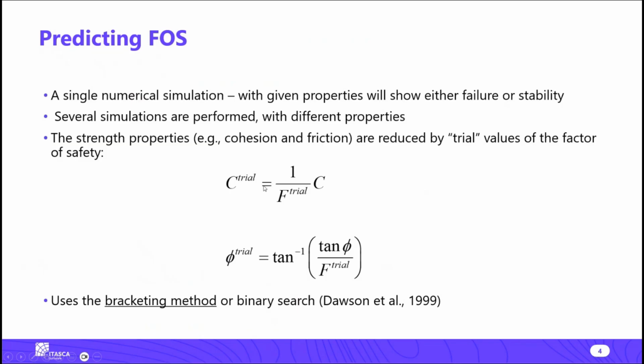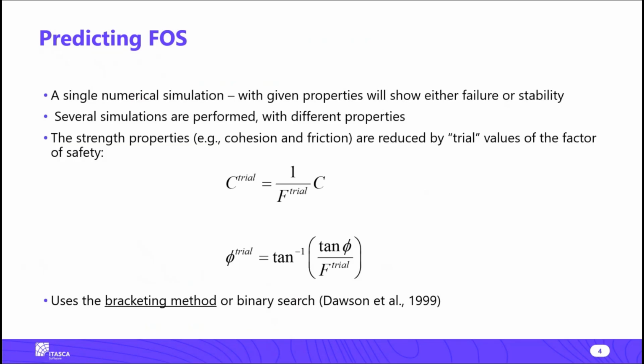So, for example, the trial cohesion is the original cohesion divided by some number. And similarly, the trial friction angle, you can calculate it like this. Again, you don't just reduce the angle directly, you reduce the coefficient. And by looking at the value of this F, you can figure out the factor of safety.